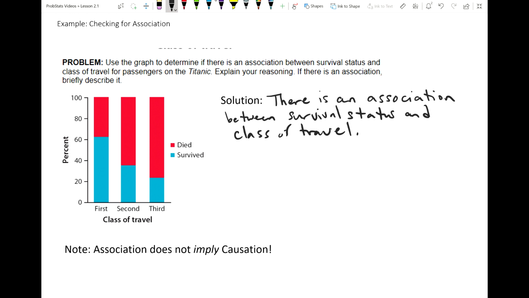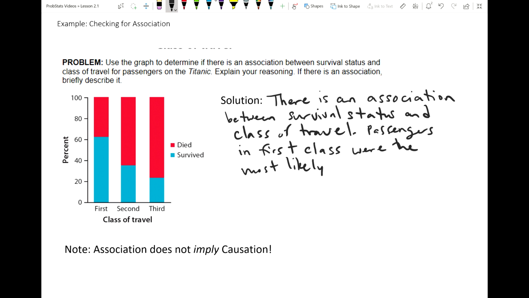Okay, so let's see why there is an association. Well, the association is that passengers in the first class were the most likely to survive, and third class passengers were the least likely.